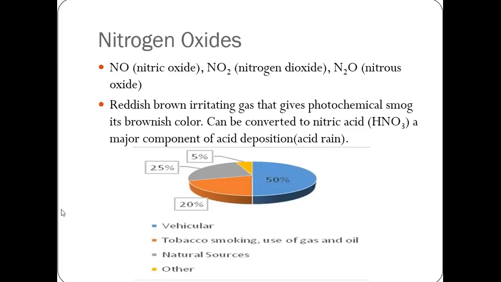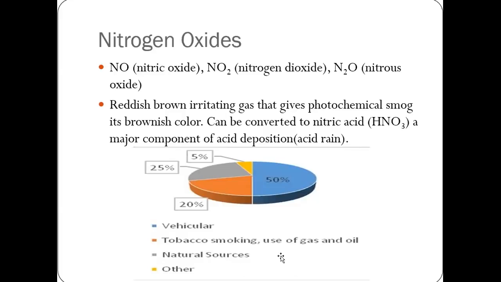So what are the sources of this nitrogen oxide? We have vehicles, as what I've told you. Automobiles can contribute the majority of it, 50%. Tobacco smoking, the same with carbon monoxide, including the extraction of gas and oil, can contribute to the emission of nitrogen oxide in the atmosphere.